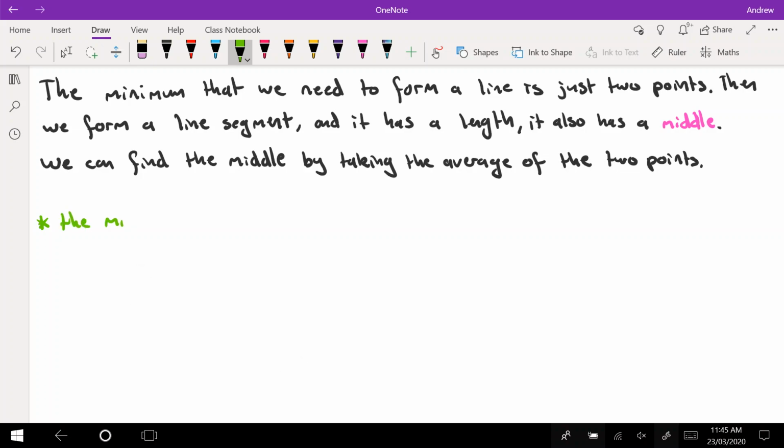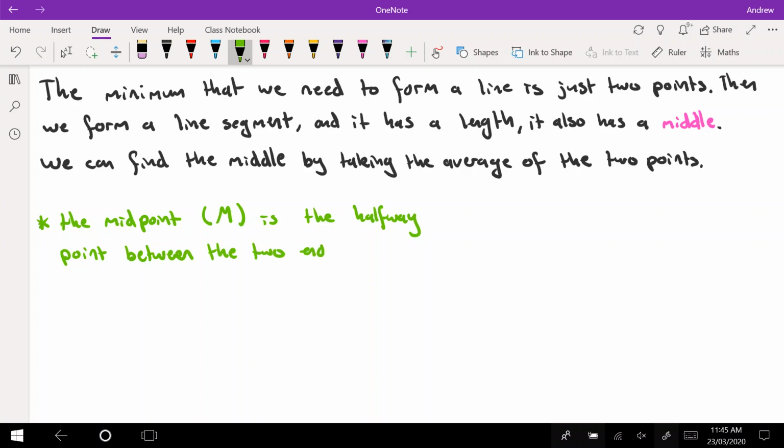So the midpoint, and we'll often say capital M for midpoint, is the halfway point between the 2 endpoints.